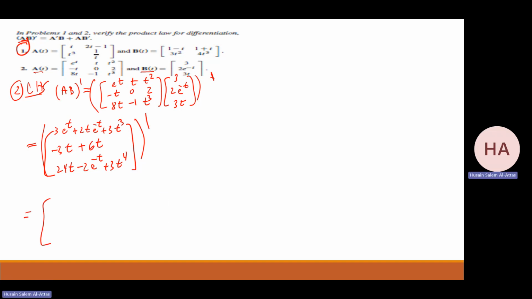what? No, that's the vector. It will be 3e^t. Here I have quotient and product rule, plus 2e^t minus t minus 2t e^t minus t plus 9t squared. Okay, then I need to find the derivative. Still, I need to find the derivative.